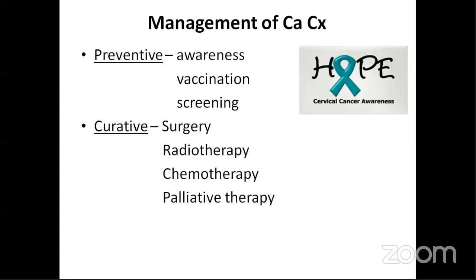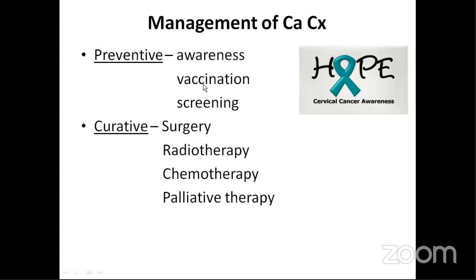Okay, then how do we manage carcinoma cervix? See, one is preventive management, wherein we look into managing it at a primary level, primary prevention, that is we bring in awareness among women, we educate them about various risk factors for carcinoma cervix and ask them to refrain from risk factors like smoking or tobacco, the risk factors which we discussed.